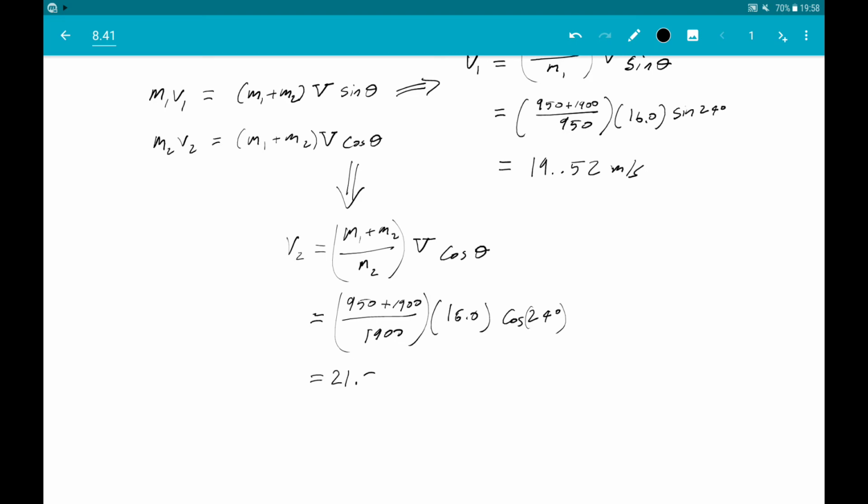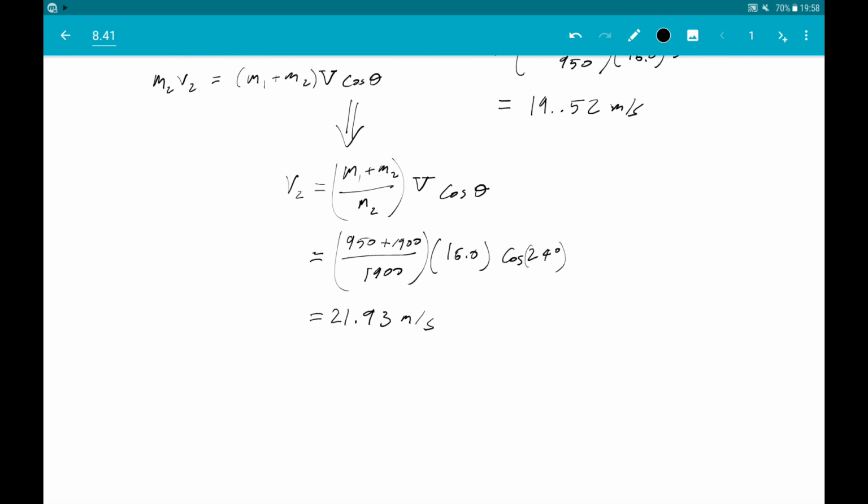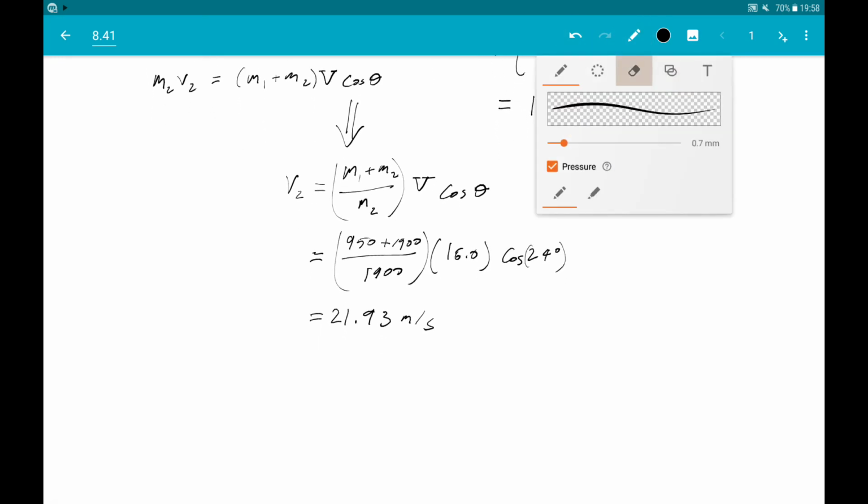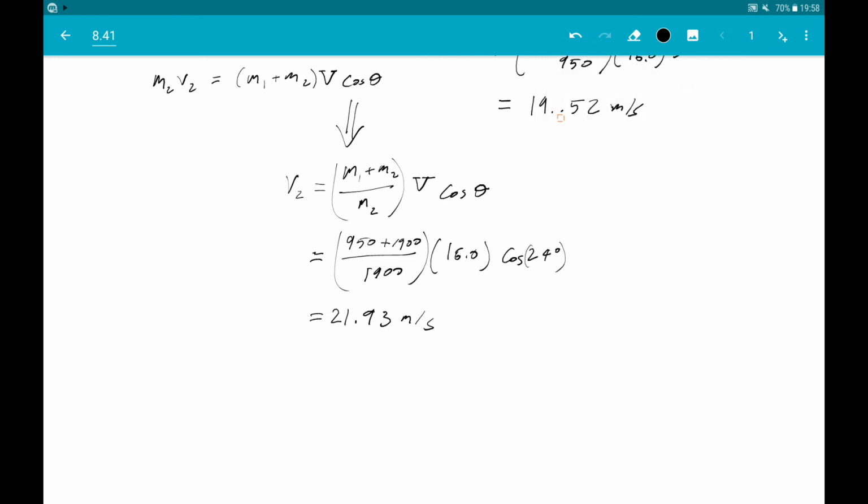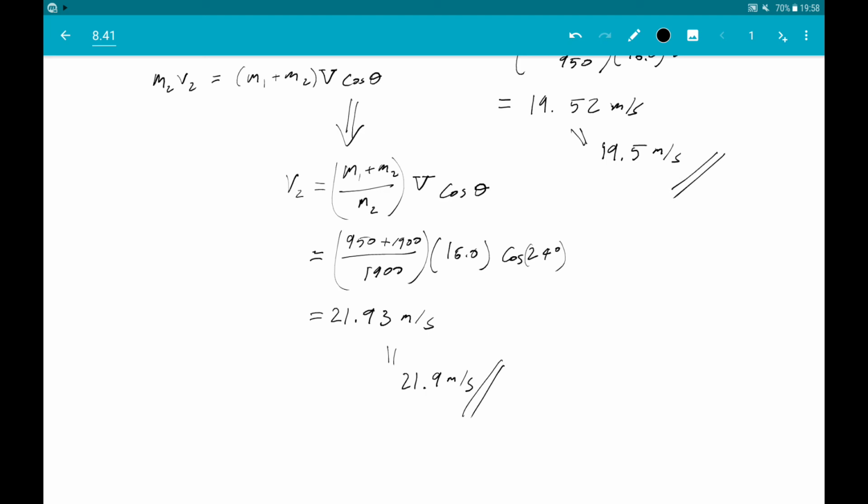This is 21.93. So, with the proper sig figs, I think it's 3. This would be 19.5 meters per second. This would be 21.9 meters per second. So those are the speeds of the car and the truck.